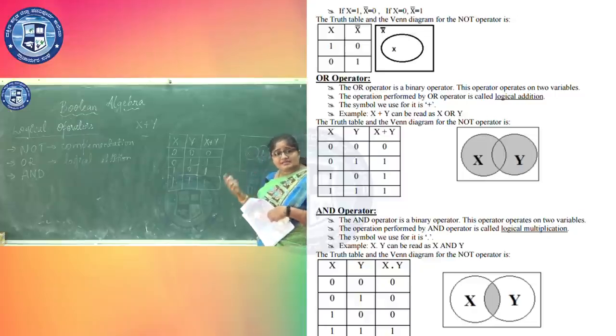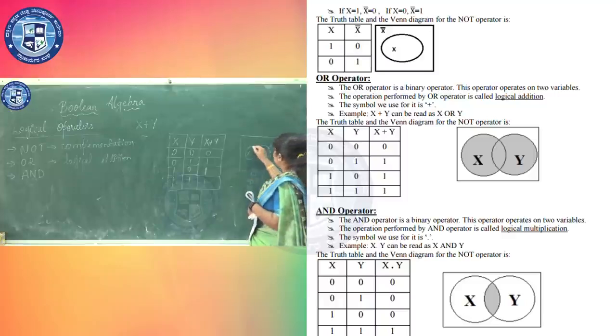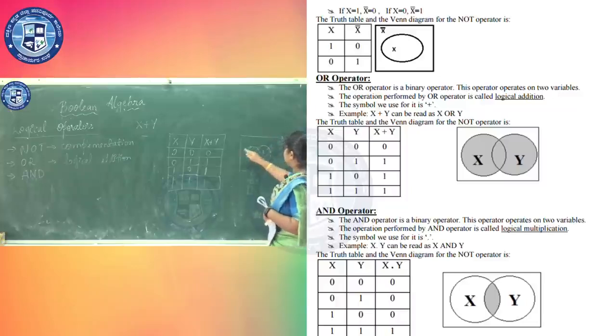It can be in x, it can be in y, and it can be in both. So the whole thing, whatever is there in x, y, both together, that is the OR operator. It is not that there must be only what is in both x and y. No, we are saying x or y. The things must be there in x or it must be in y.